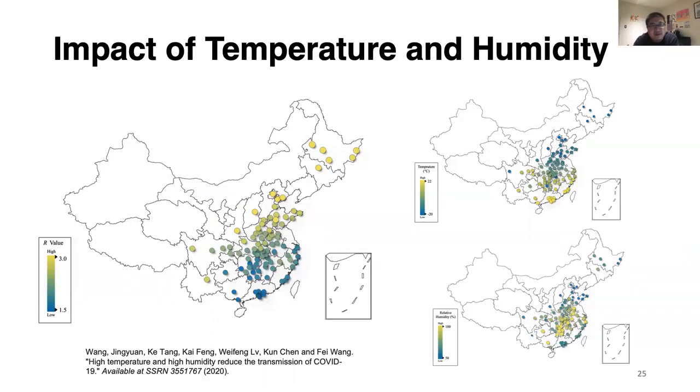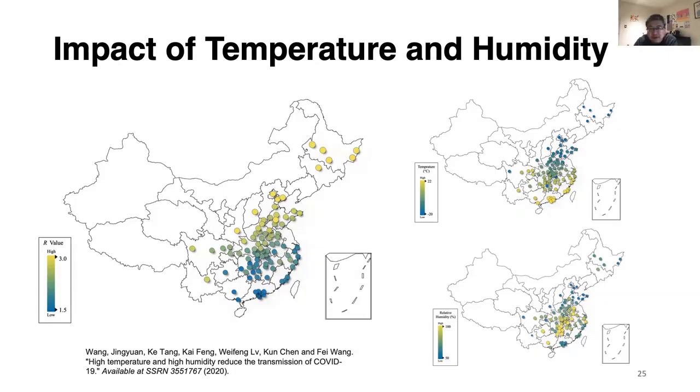Specifically, in this work we studied the impact of temperature and relative humidity on the reproduction number, or the transmission of the pandemic. We used the data for COVID-19 daily symptom onset cases for 100 Chinese cities and the COVID-19 daily confirmed cases for 1,005 US counties.